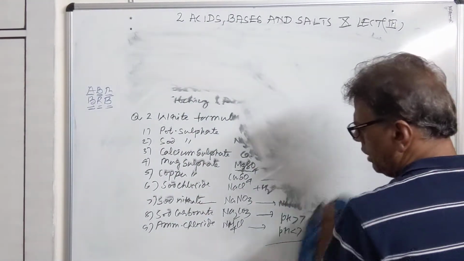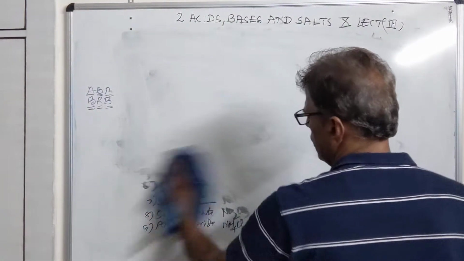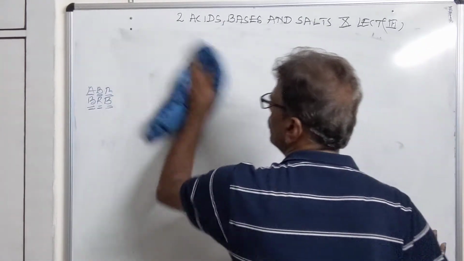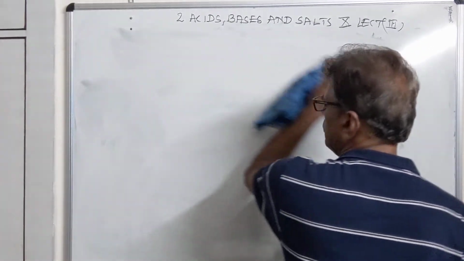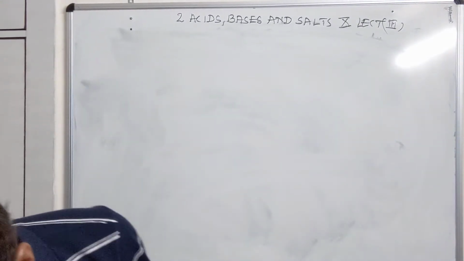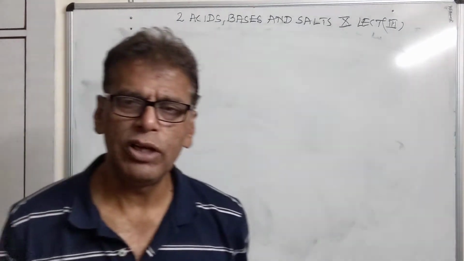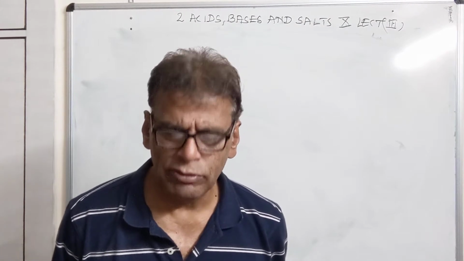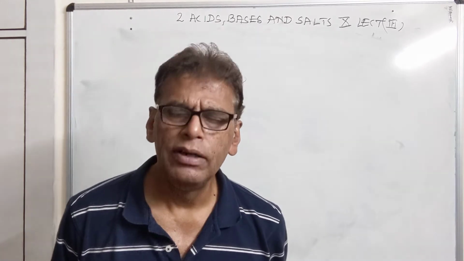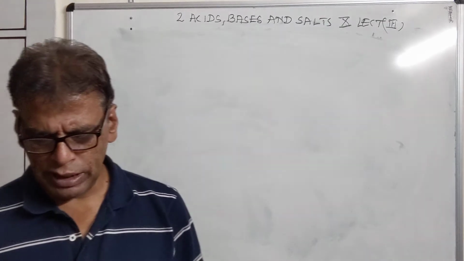We have already seen the sulfate family: potassium sulfate, sodium sulfate, calcium sulfate, magnesium sulfate and copper sulfate. Then we have some chlorides. They are sodium chloride, potassium chloride, ammonium chloride. So these are the chlorides.